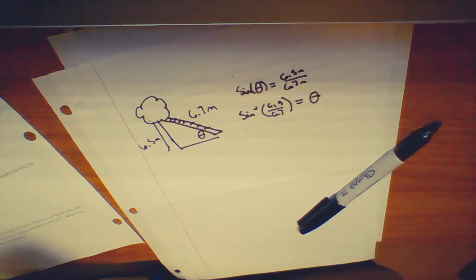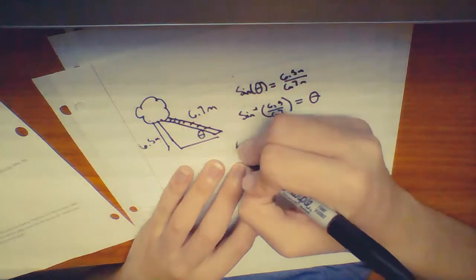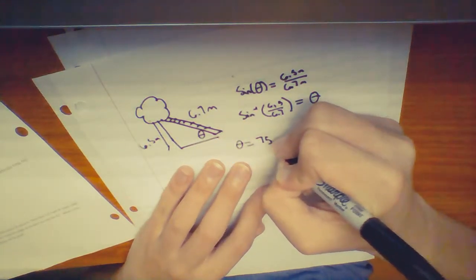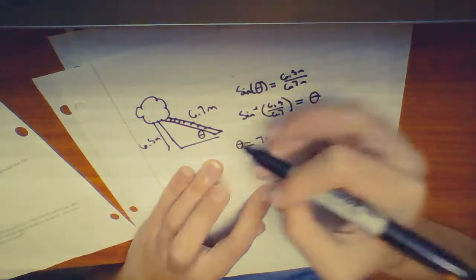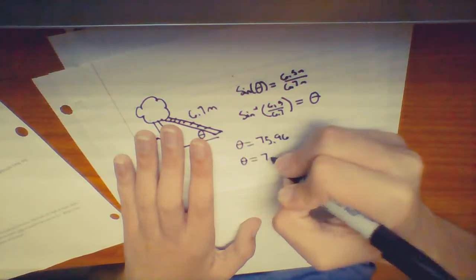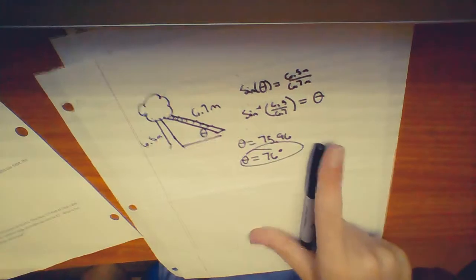Inverse of sine of 6.5 over 6.7 equals, for theta, 75.96, and when we round that up, we get theta equals 76 degrees, which is our answer.